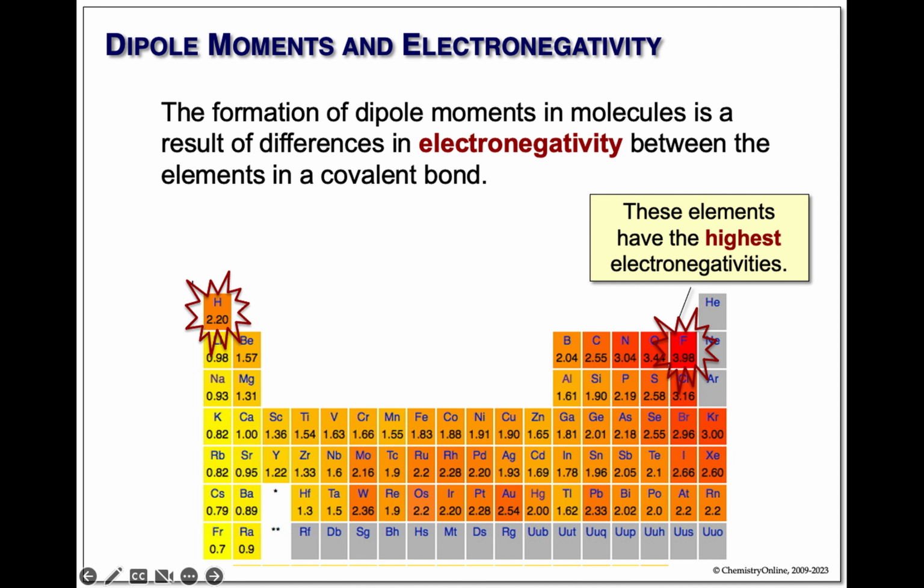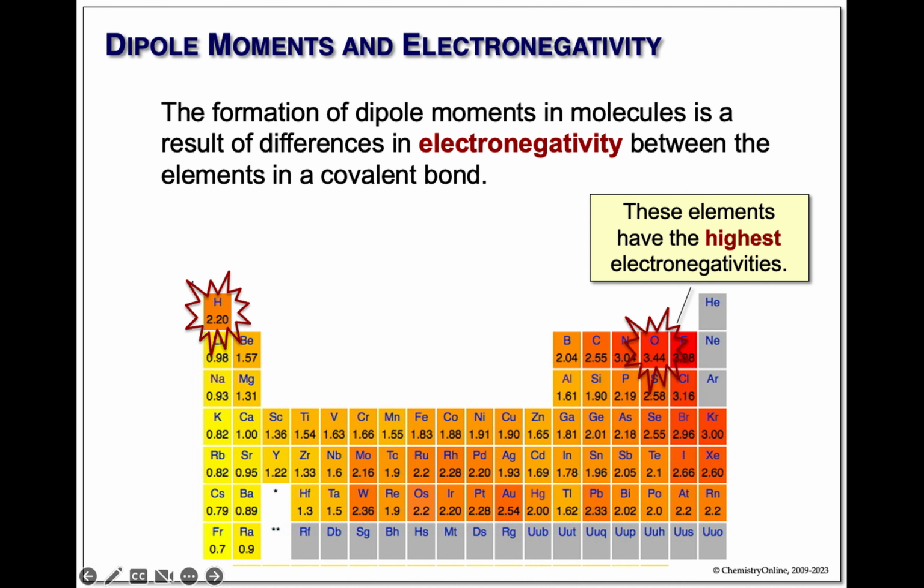Now, polar covalent bonds will become even more important to us when we hit chapter 8. But this chapter is about solubility, things in water, molarity. So here we're going to be dealing with water, hydrogen and oxygen. Well, oxygen is right here next to fluorine.